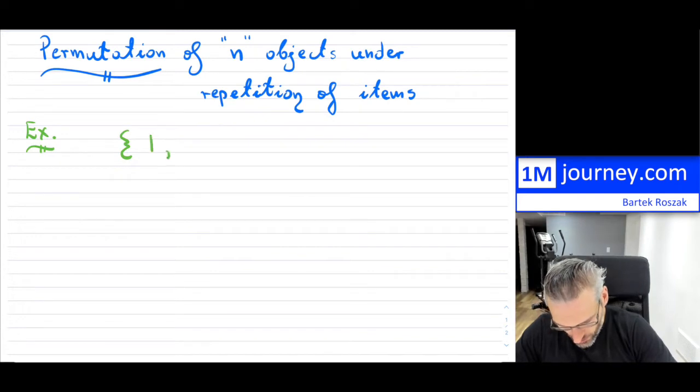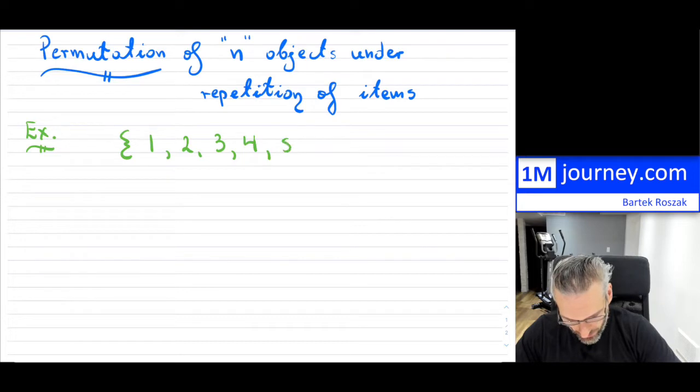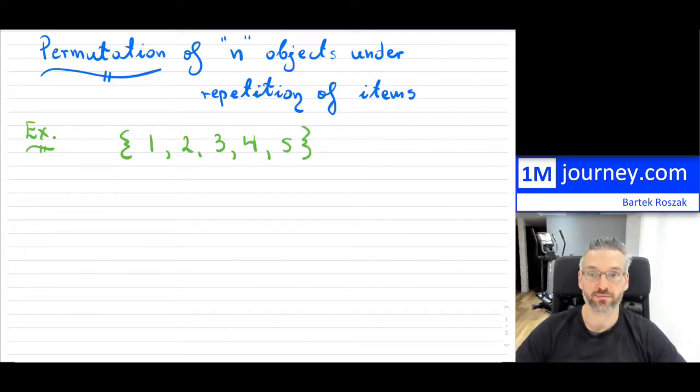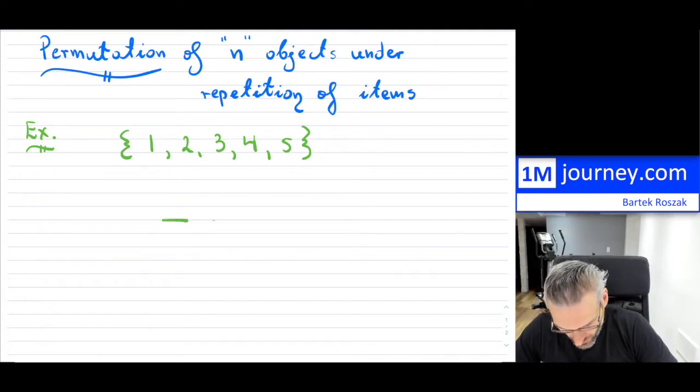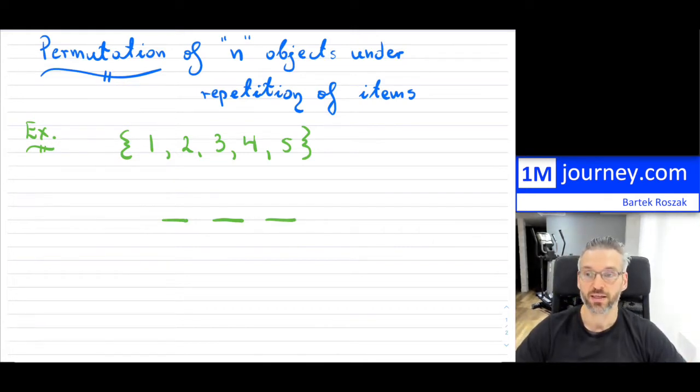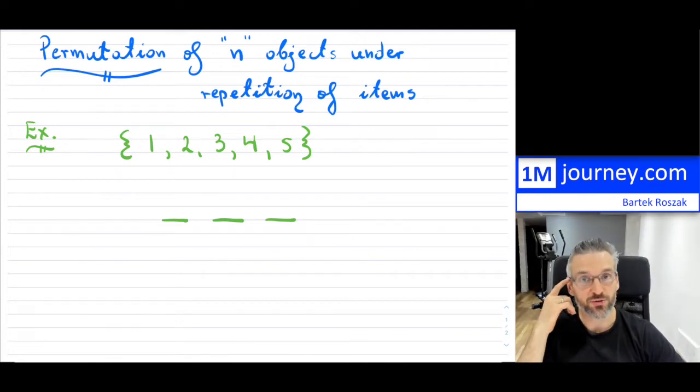Say they give you the digits 1, 2, 3, 4, and 5, and they ask you, assuming that you can repeat the digits, how many different permutations would you have if you wanted to make 3-digit numbers?